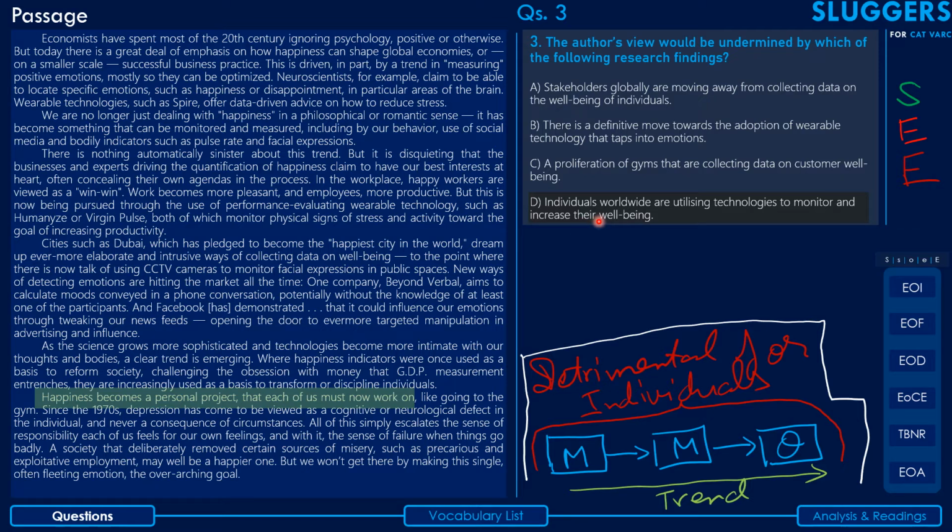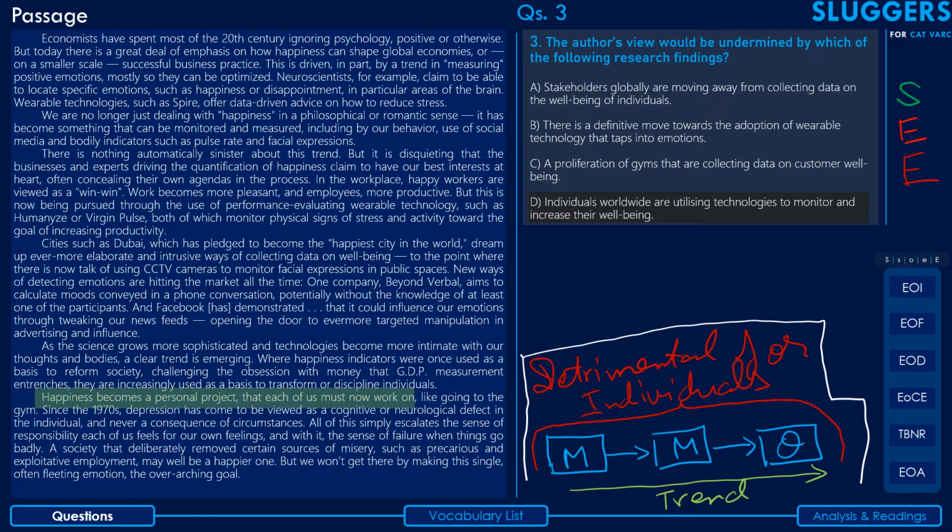It says individuals worldwide are utilizing technologies to monitor and increase their well-being. See, guys, again, even with option D, it just tells you that individuals worldwide are using these technologies to monitor and increase their well-being.